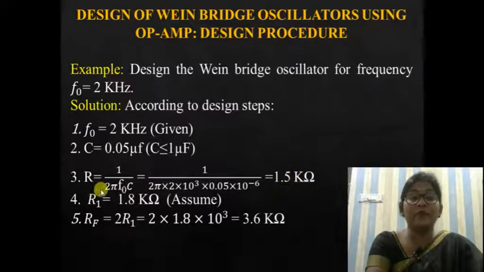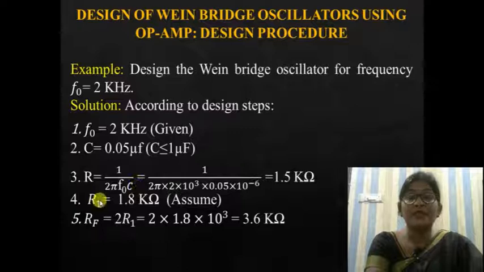Here f naught is given, so 2 into 10 raised to power 3, because this is in kilohertz, into C, the value of capacitor, which is 0.05 microfarad, so 0.05 into 10 raised to power minus 6. Now calculating the value of R gives 1.5 kilo ohm.